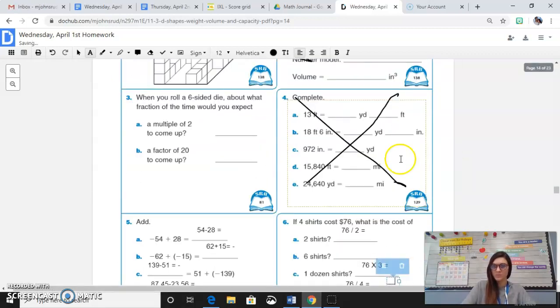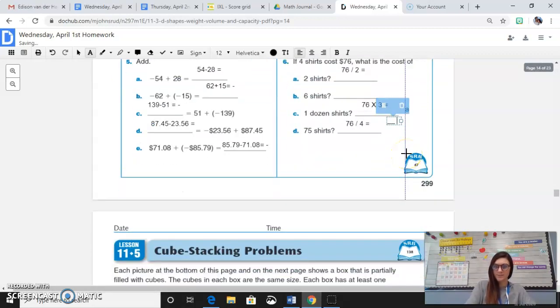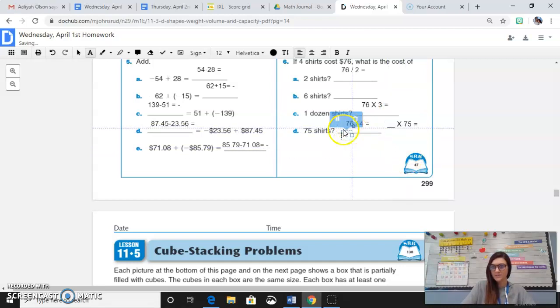I'll just put a space here. You're going to have to times it by 75, and that will give the answer. So this one's a 2-step problem. First, you have to do 76 divided by 4. You have to do that down here. And then that answer times 75 will give you the answer to that one.